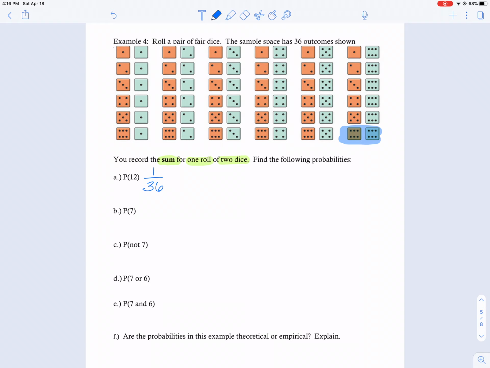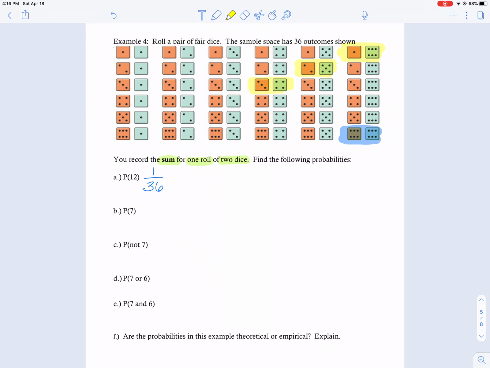Okay, how about a sum of 7? Let me pick a new highlight. I'm going to go yellow. Just like in that first row, here's your sum of 7. In the second row, 5 plus 2 is 7. In the third row, 4 plus 3 is 7.